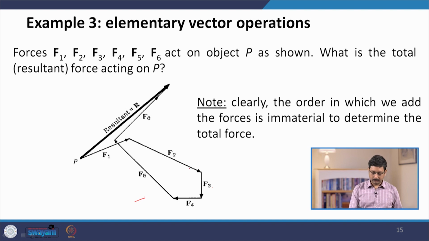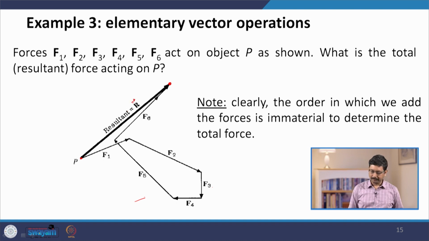When you join these forces, remember that you are not changing the direction of the forces and you are not changing the magnitude, that is the length of the arrow. All you are allowed to do is slide these arrows parallel to itself. This is the tip of the last force which is F6 and this is the head of the first force which is F1. Now, if you join these two points, that will give you the resultant force or the total force.